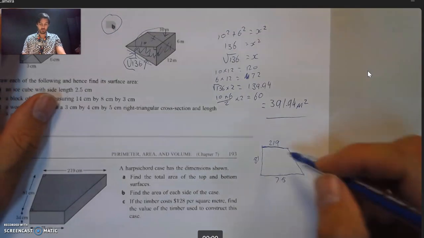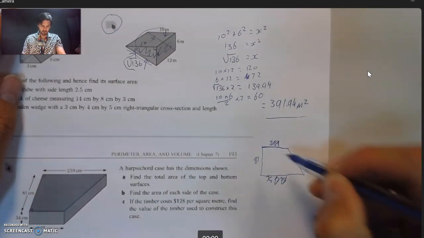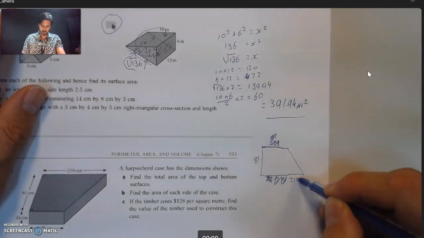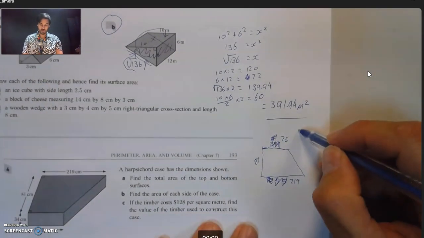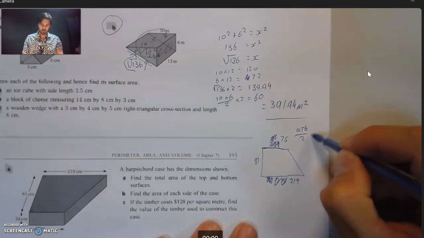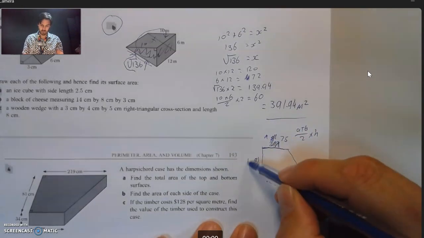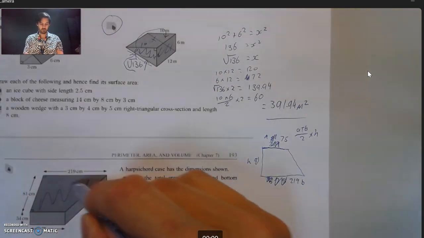So if we had, whoops, I've done those measurements around the wrong way, 75, 219, there we go, 219, 75. We can find the area of this trapezium by doing (A plus B) over 2 times the height, where 75 is A, 219 is B, and 81 is the height. That's going to give us the surface area of this top shape.